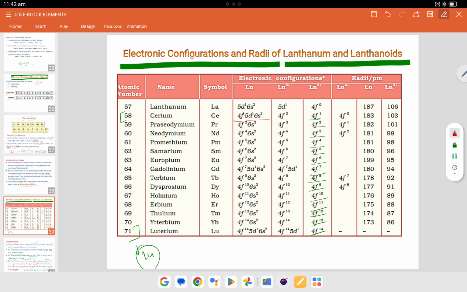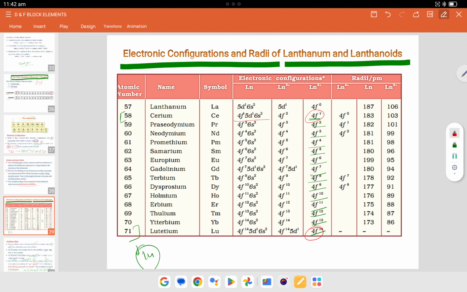In the +2 state it is 4f2, in the +3 state 4f1, and so on up to 14 at the last. The remaining are given: cerium, praseodymium, neodymium, promethium, samarium, europium, gadolinium, terbium, dysprosium, holmium, erbium, thulium, ytterbium, lutetium.